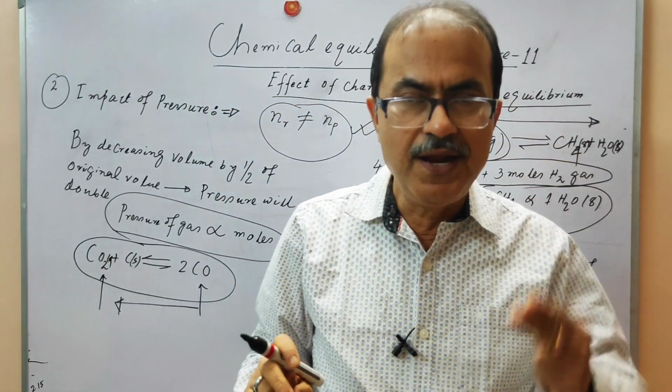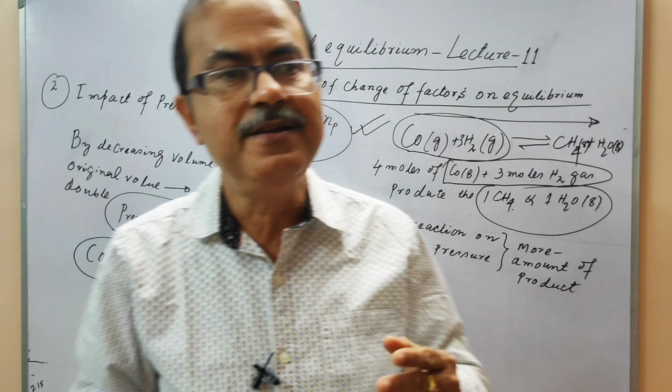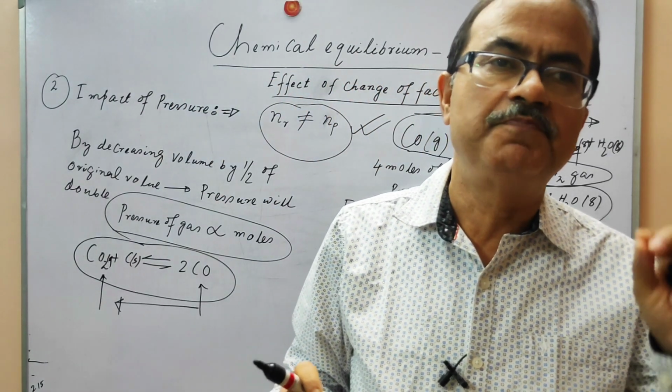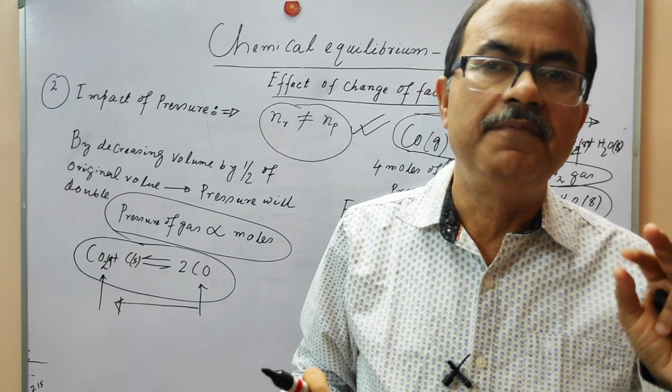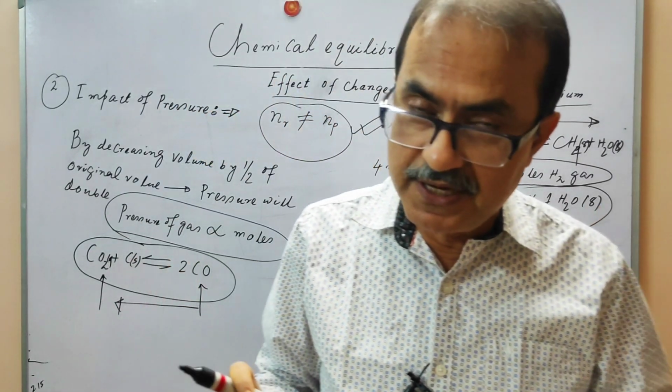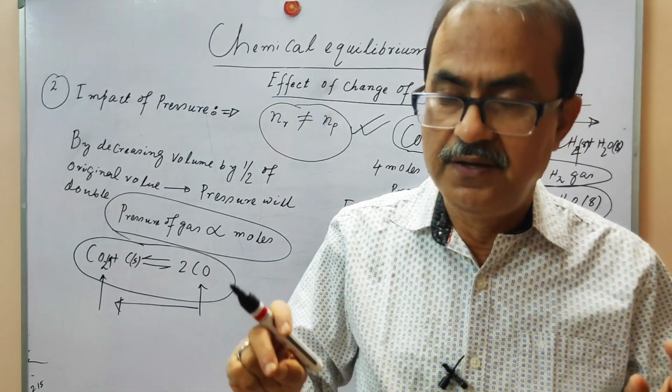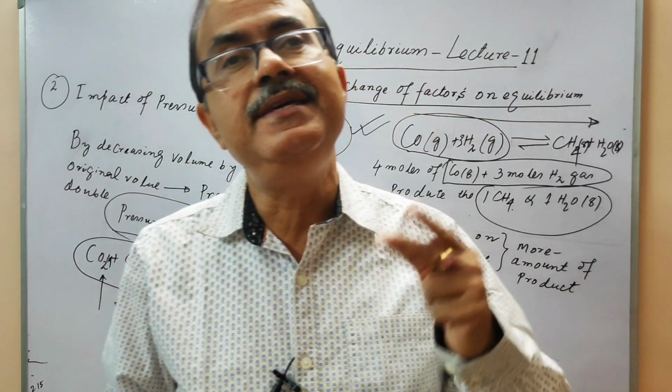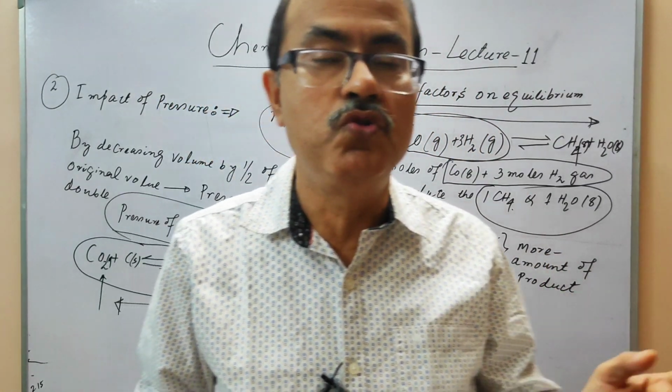So we can understand from this discussion that when we change the pressure, the impact on the equilibrium will be for those reactions which are gaseous and where there is a change in the moles.